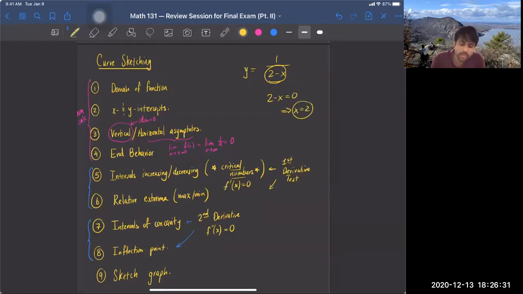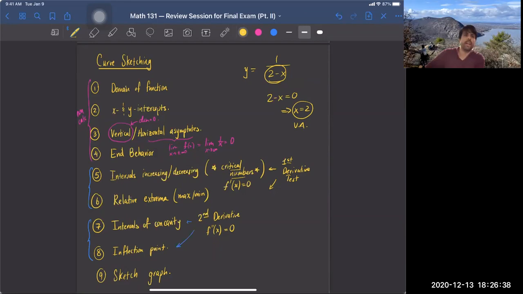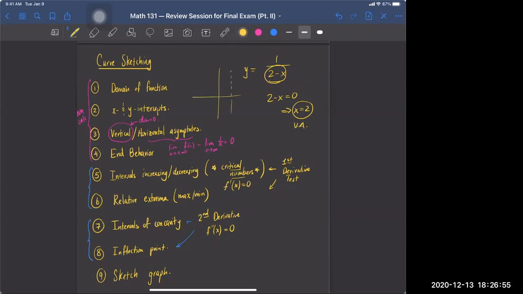That's a vertical asymptote for this function. Remember, asymptotes are imaginary lines that the function approaches, getting close to them. So if I were to graph this, I would get something like this, with 2 marked here.